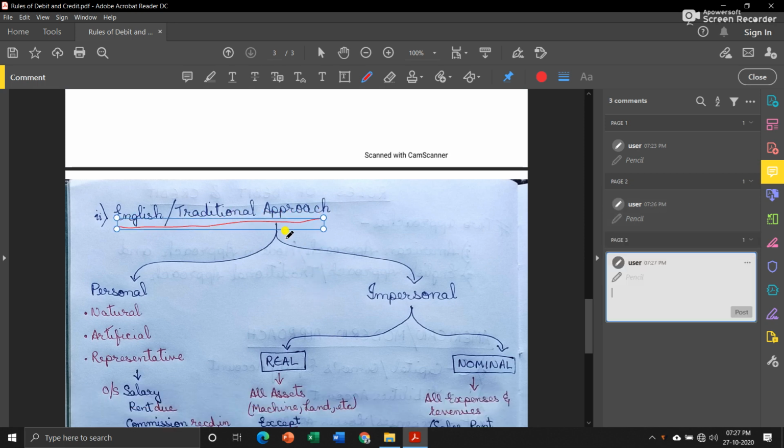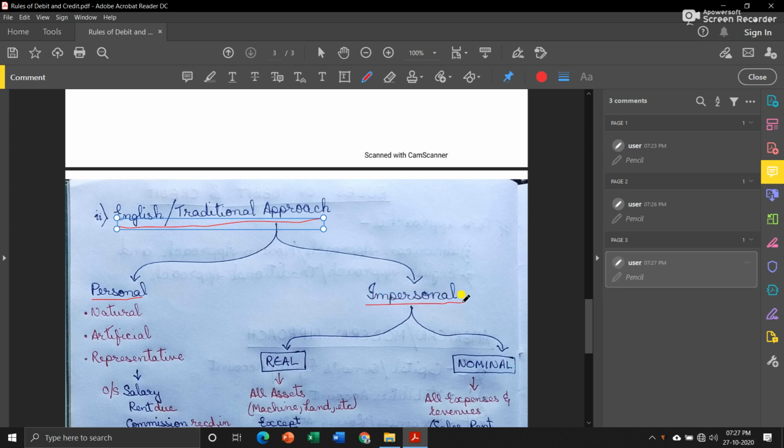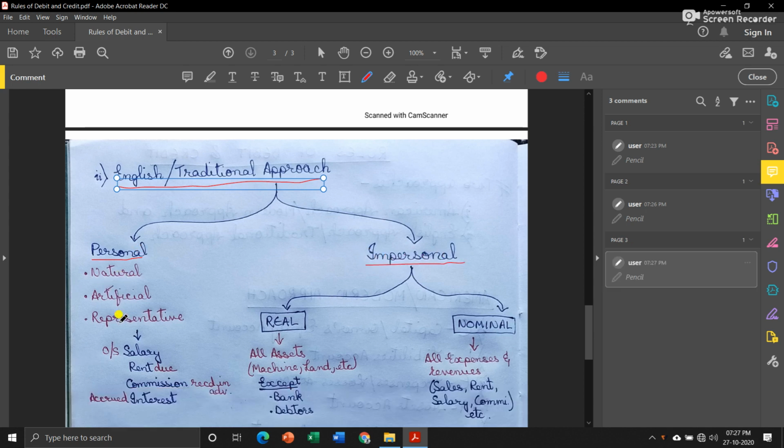Under this traditional approach, all the accounts are divided into two parts. First is personal, second is impersonal. Under personal account, it is further subdivided into three parts. First is natural account. Natural account is a normal human being like me, you, and anyone else.